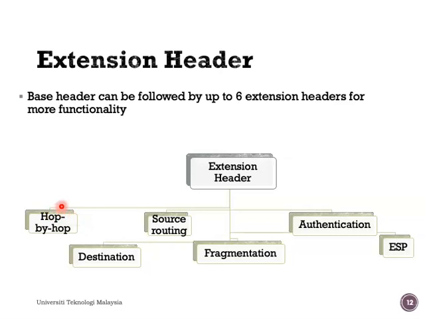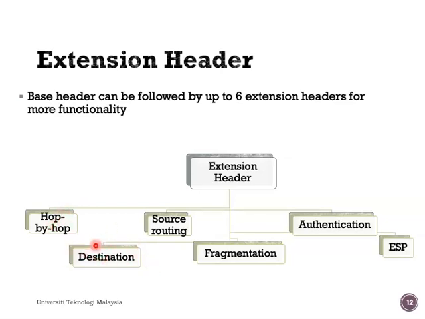For example, some of the routers need to be informed about certain control function or management, or if the length of the datagram is more than usual, 65,535 bytes, so routers must have this information.